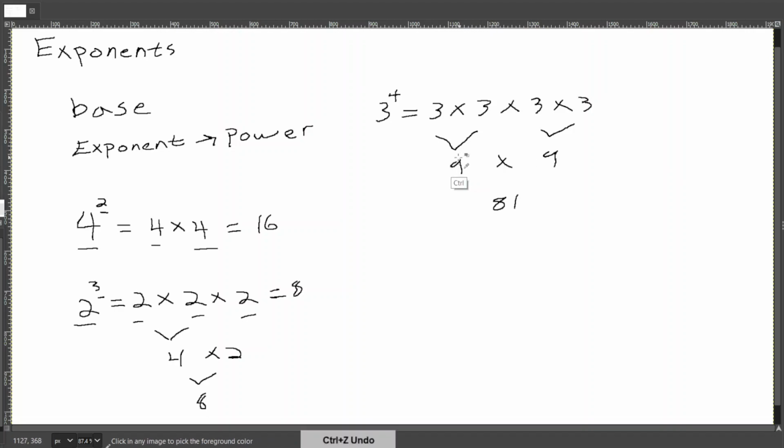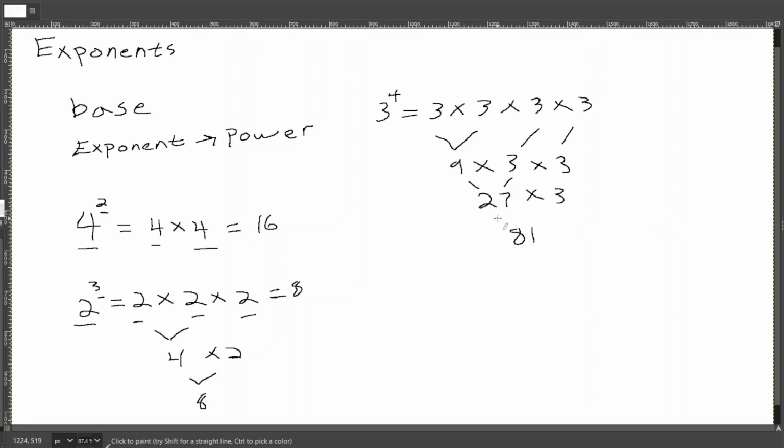Of course, we could take that all back and just do 9 times 3 times 3. We can bring these other 3's down, but we're still going to get the same number. So just know that you can do it a little bit quicker by multiplying the 2 and getting to 81 a little faster. So 3 to the fourth power is equal to 81.